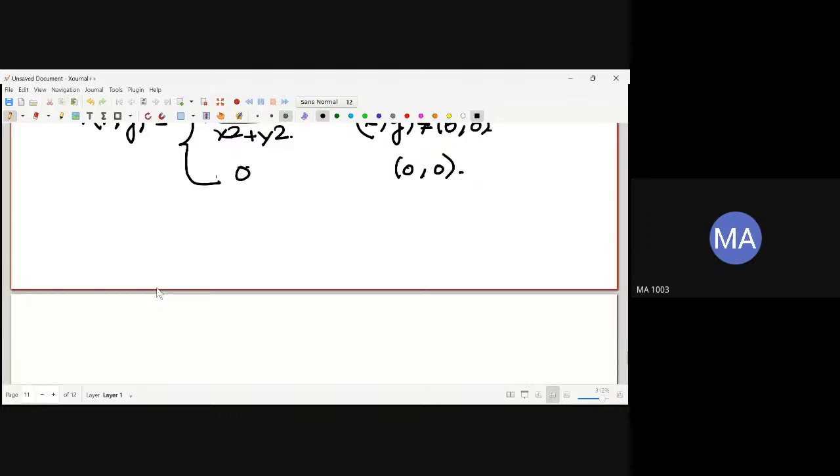It doesn't matter what x is, it's always greater than or equal to 0, and always less than or equal to x square plus y square. If I divide by x square plus y square on both sides, I can do that only when (x, y) is not equal to (0, 0), because otherwise I'd be dividing by 0.